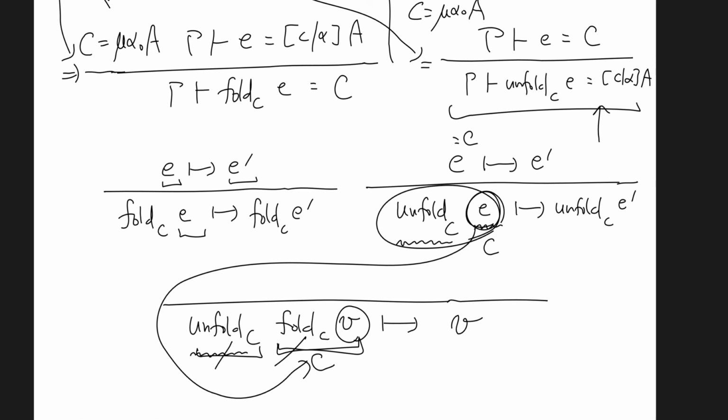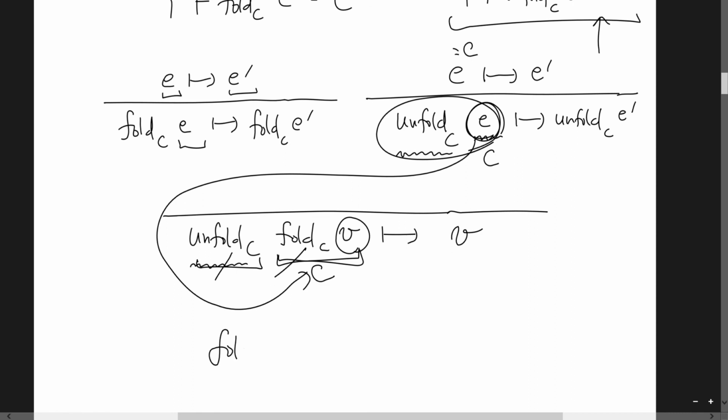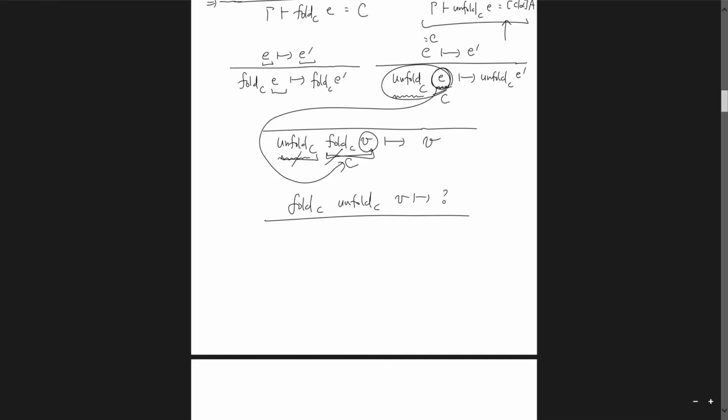I will leave it as an exercise to figure out why we don't have something like this one: fold C, unfold C. So that concludes the development of the iso-recursive approach to interpreting recursive types.